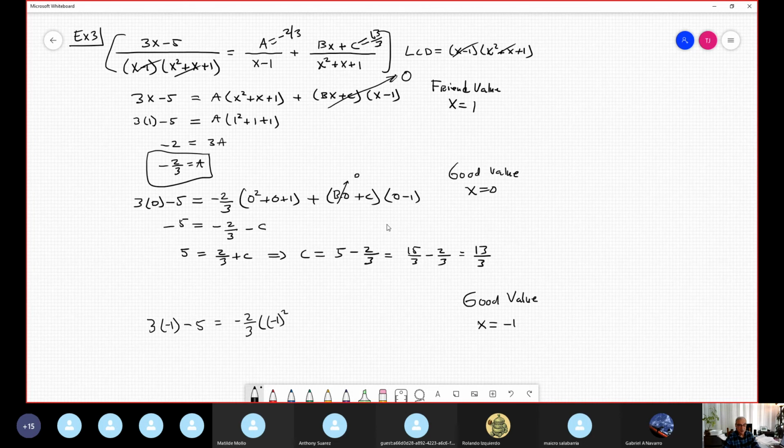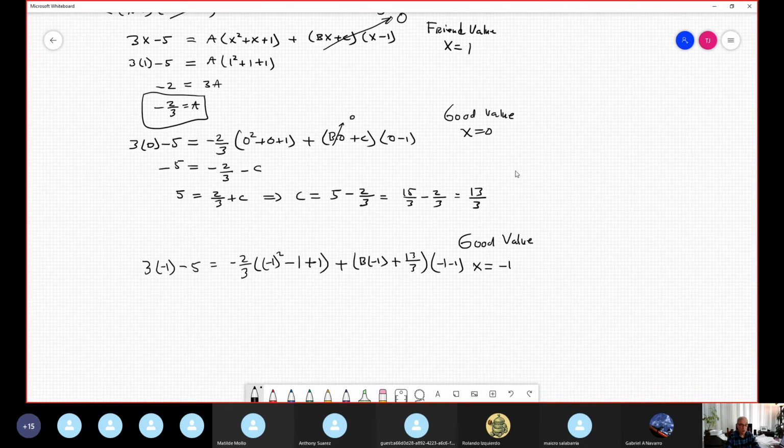Be careful with the signs. Plus B times negative 1 plus C, which I know is 13 over 3, multiplied by negative 1 minus 1, which is negative 2. So we have here negative 8, and here negative 2/3, because this is cancelled, and negative 1 squared plus 1.